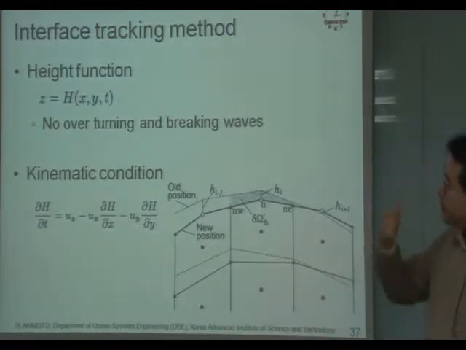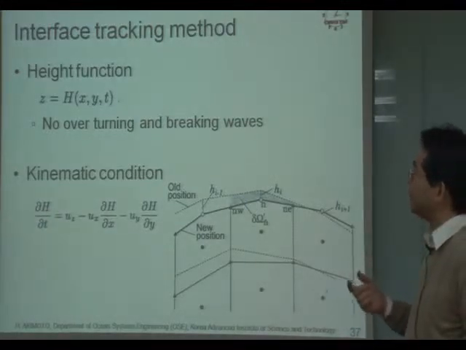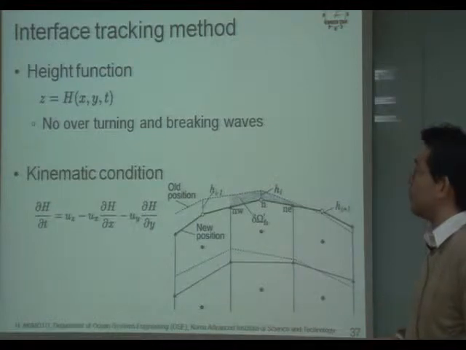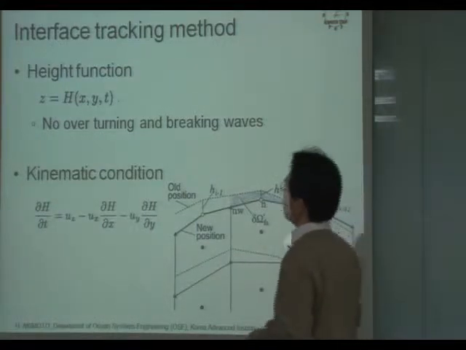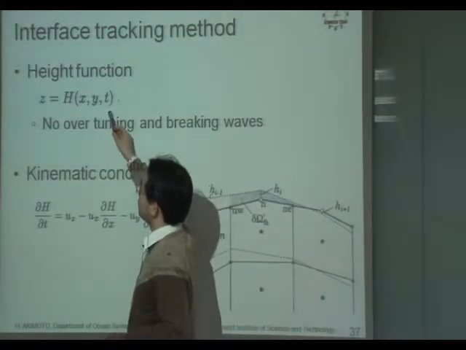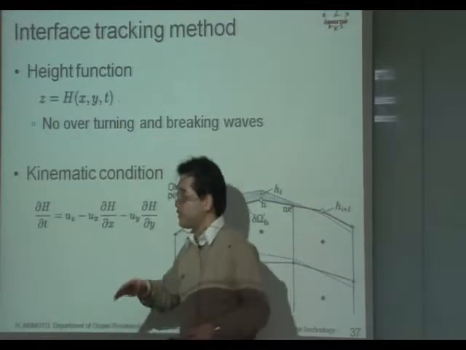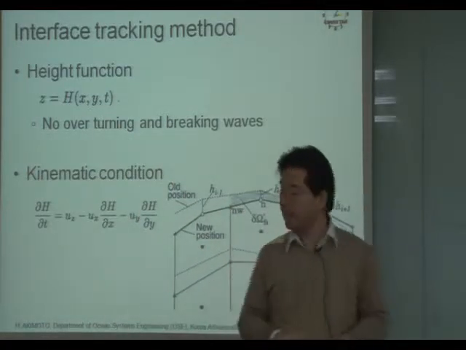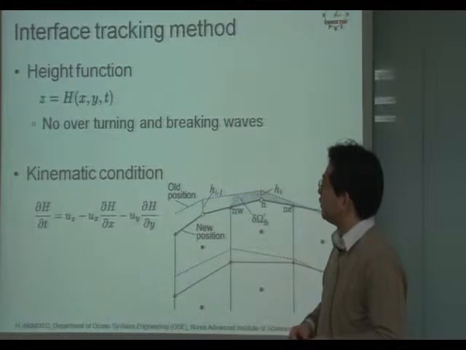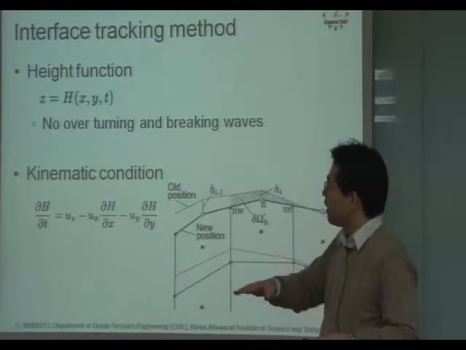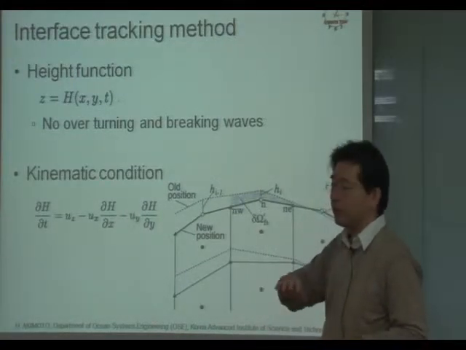The basic method for interface tracking requires a height function. Height function is like a map of isocontour lines.